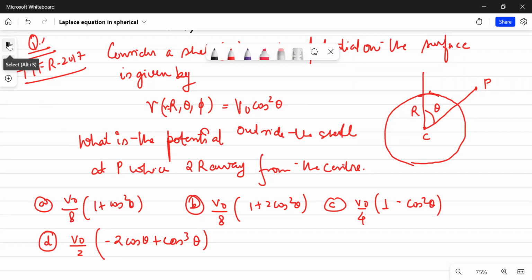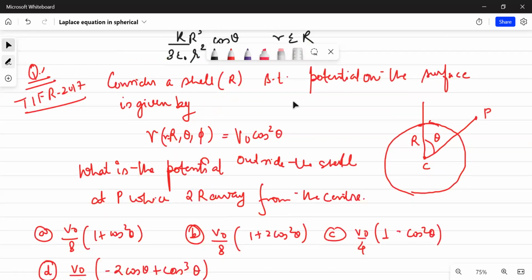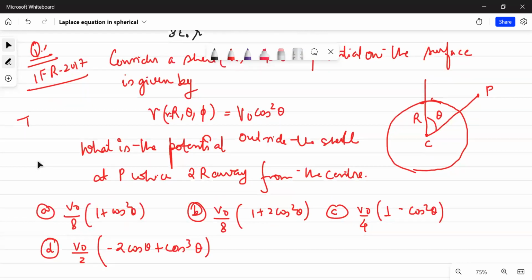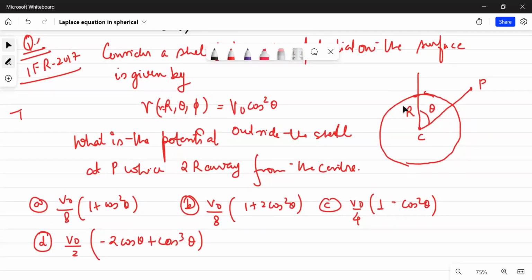भैया ऊपर फर्स्ट लाइन क्या लिखी, consider a spherical shell with a potential given on the surface. Okay, with a potential given on the surface V naught cos square theta. So on the surface you can expect some charge density, but otherwise inside and outside there are no such charges present, so you can readily apply Laplace's equation, and then you can simply find the potential outside.